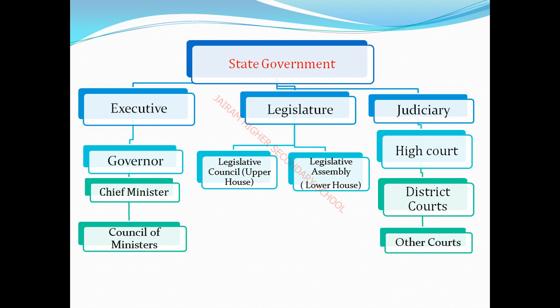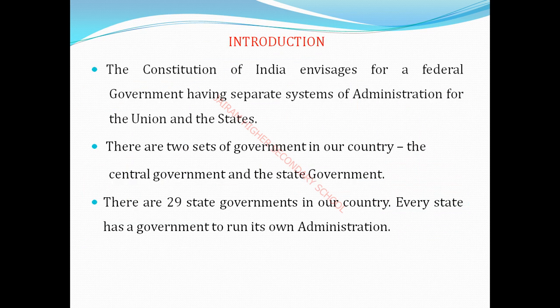We can say Supreme Court, High Court, District Courts, and other subordinate courts. Here, the Supreme Court does not come under the state government. The Supreme Court is a union, an apex court for the entire nation. For example, our Indian Supreme Court.